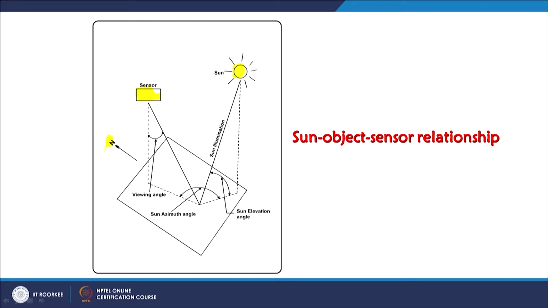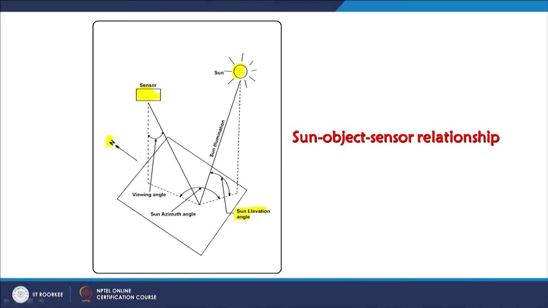Now, with this arrangement you can also get a feeling about what I was discussing about sun elevation angle. Generally in morning hours, between 9:30 and 10:30, when images are acquired from sun synchronous satellites, this sun elevation angle is around 45 degrees. This is also shown in this figure.